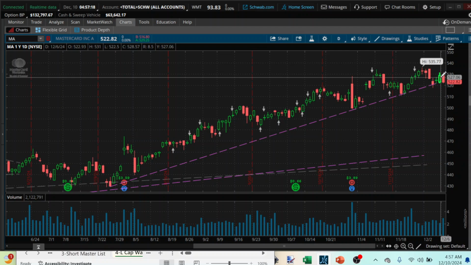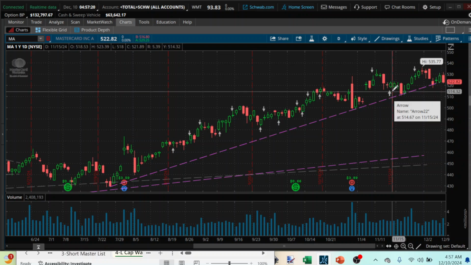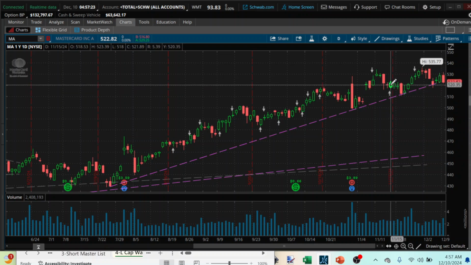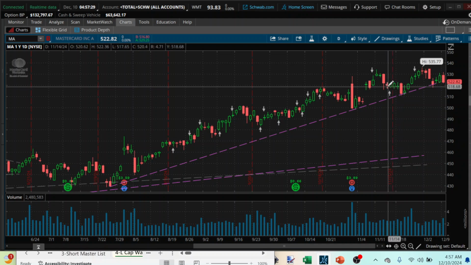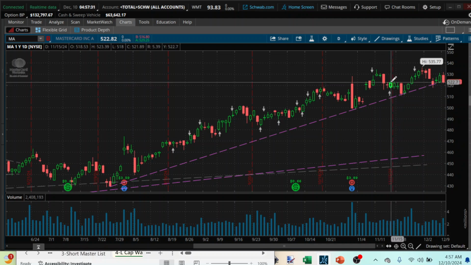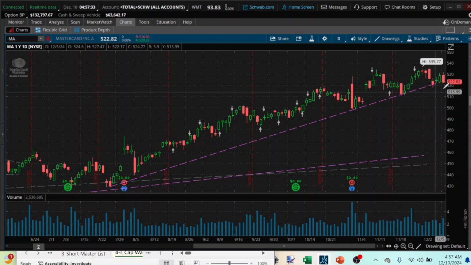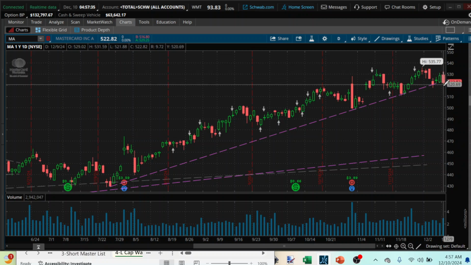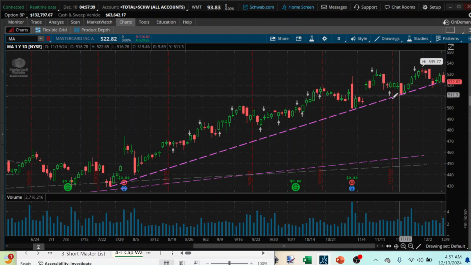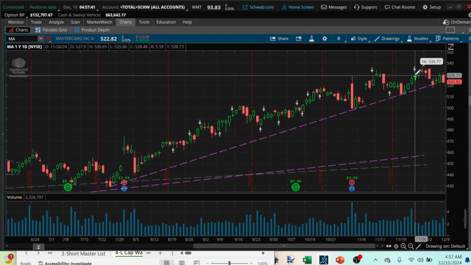So we purchased it around this area. When I put my mouse on this bar, you can see the price there. The price is 522 at the highest or something like that, but yesterday it closed low 522. So we bought it, we sold it.